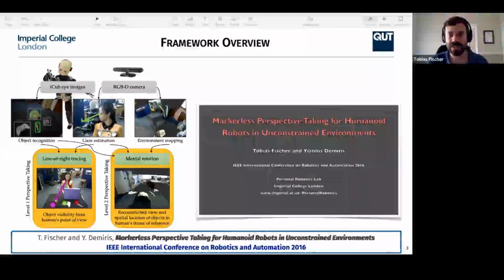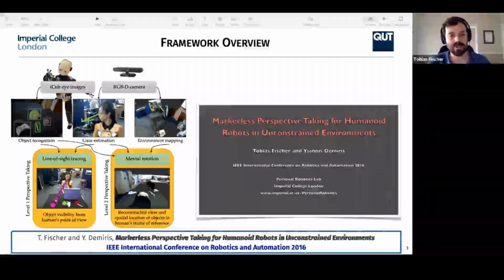So previously, the human needed to wear some weird helmet such that it could be perceived where their head direction is facing, or some glasses as well to know where they're looking. Whereas my goal was always to not equip the human with any artificial sensors, and just use the eyes of the iCub to solve the problem.